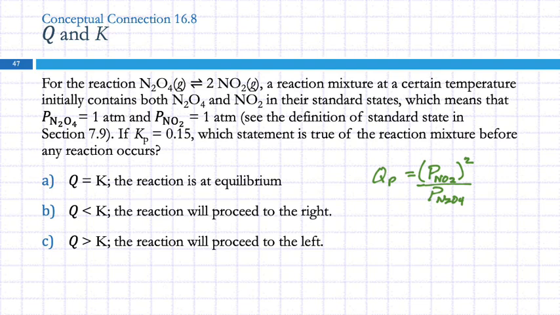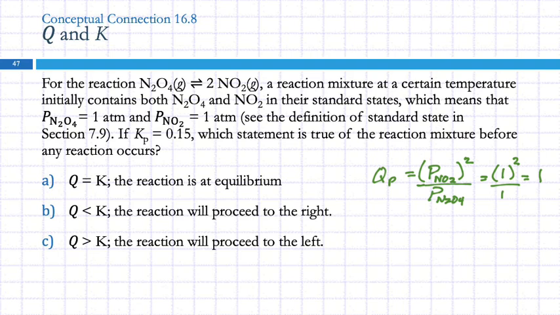So we got 1 squared over 1, so that's just equal to 1, right? So is Qp greater than or less than or equal to Kp? It's greater than, right? Because Qp is 1 and Kp is 0.15.